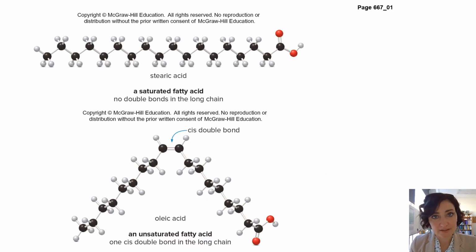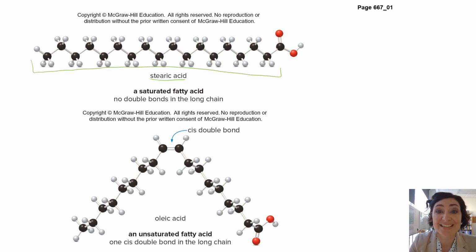We are once again going to talk about the difference between saturated versus unsaturated fatty acids because, again, it's important to us. So stearic acid comes from cows or steers. Stearic acid has a long chain that is considered saturated with hydrogens. So this is a saturated fat.